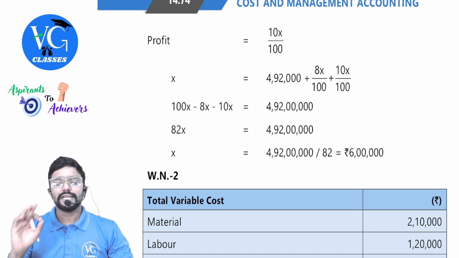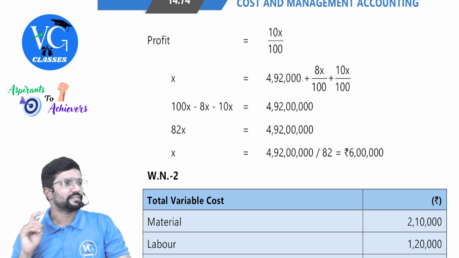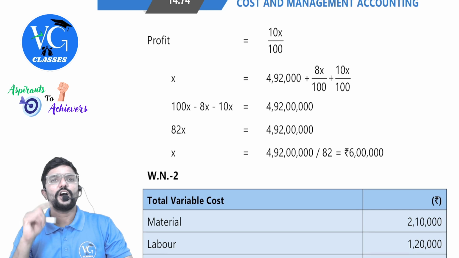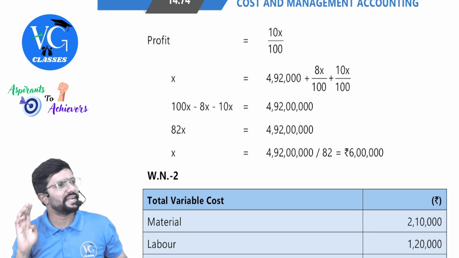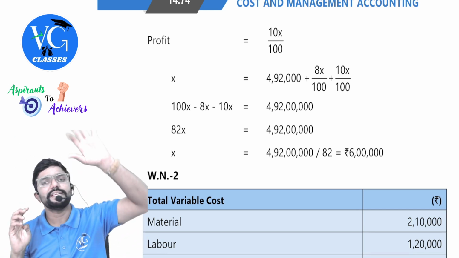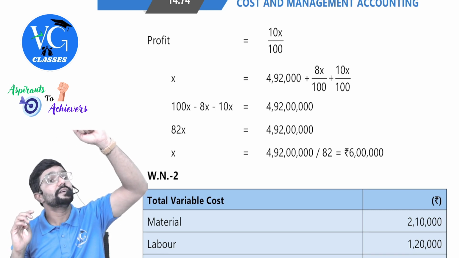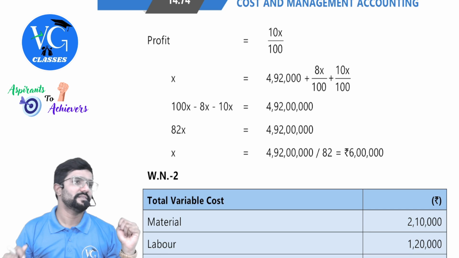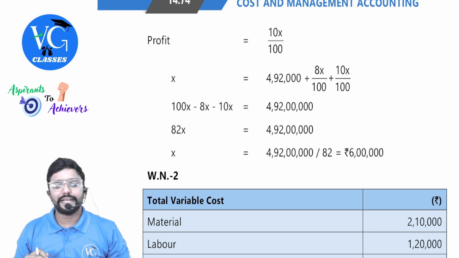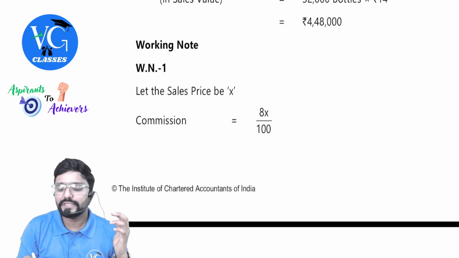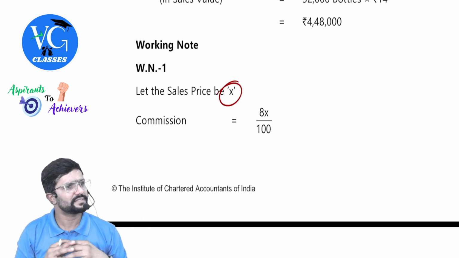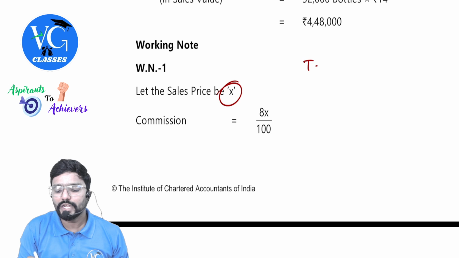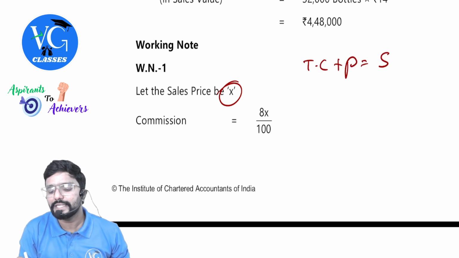Guys, let us assume the sales as X. How much is commission? 0.08x. Then how much is profit? 0.10x. Correct? Let us assume sales as X; they have also assumed it to be X. Now, total cost plus profit is equal to sales.